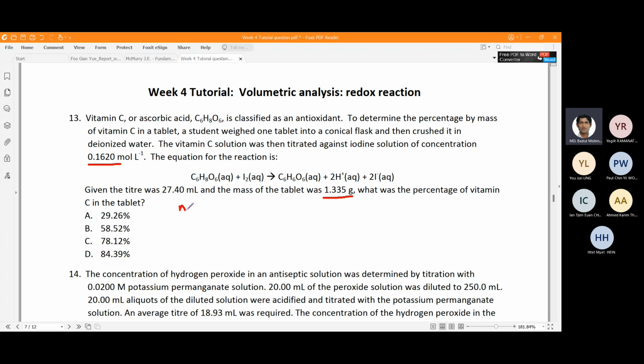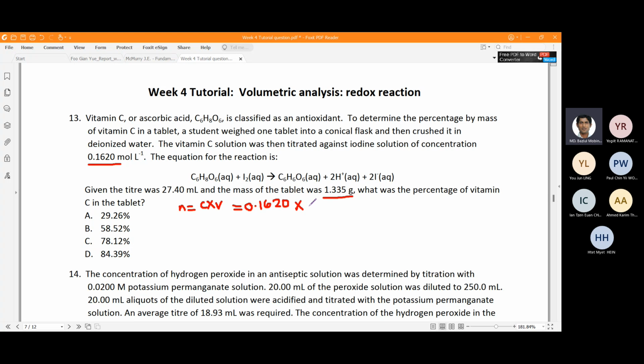So number of moles n equals C times V. Once again, are you bored already of me telling you the number of moles n equals C times V? If you are bored, then congratulations. All right, so 0.1621 times the volume, that is 27.40 milliliter.